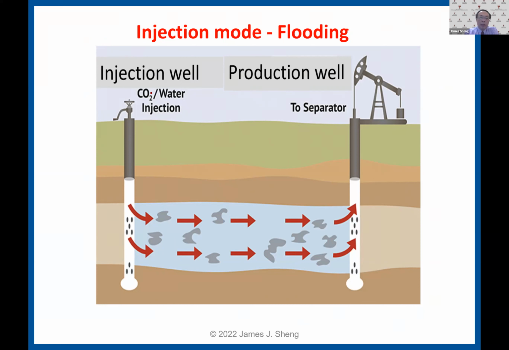We inject, for example, CO2 from one well, called the injection well, into the reservoir with the original oil. The injected CO2 is going to displace the oil from the injection well toward the production wells, and the oil is then produced from the production well to the surface. That is called flooding, which basically uses CO2 to drive oil out.